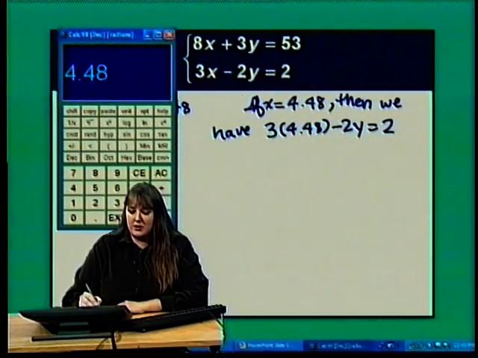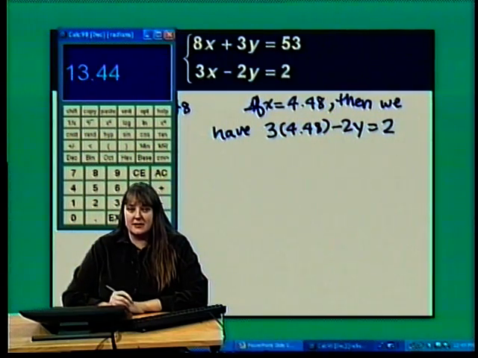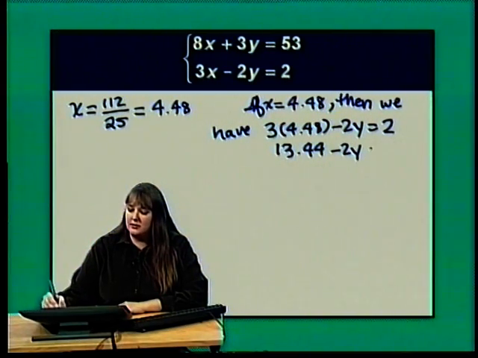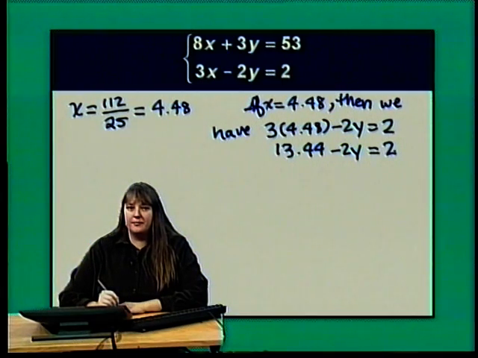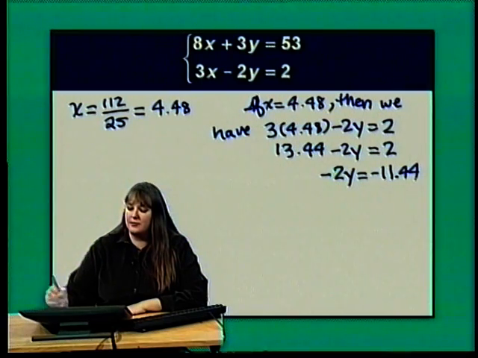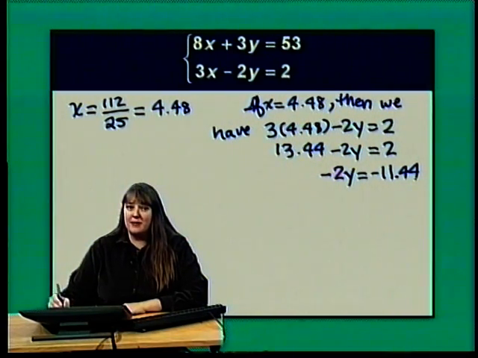So I want to take 3 times 4.48, that's 13.44, minus 2y equals 2. Then I need to subtract 13.44 from both sides of the equation. That gives me negative 2y equals negative 11.44. Then I need to divide both sides of the equation by negative 2.